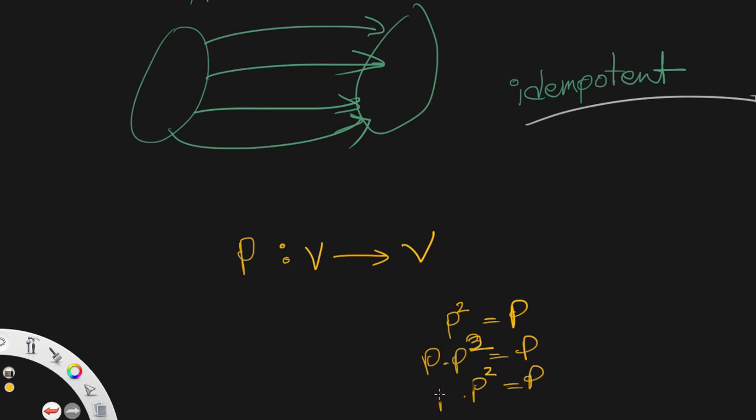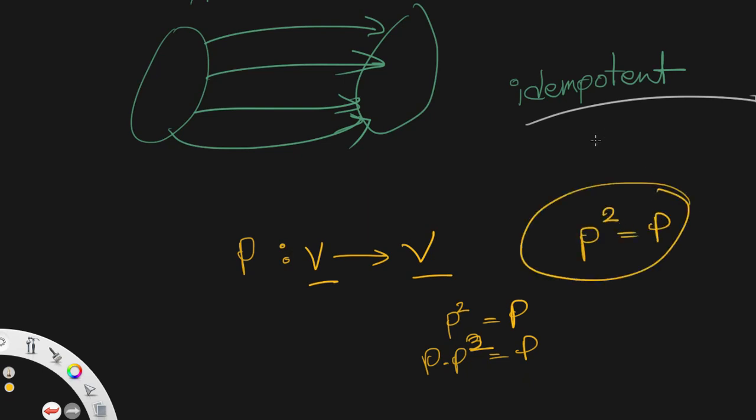So that is the definition of projection in linear algebra: a linear transformation from a vector space to itself, so that P square is equal to P. This is the idempotent property that we're talking about. So let's say we have a vector x. If we apply this transformation, we multiply x with P, we get something, let's say xP, the projection of this vector.